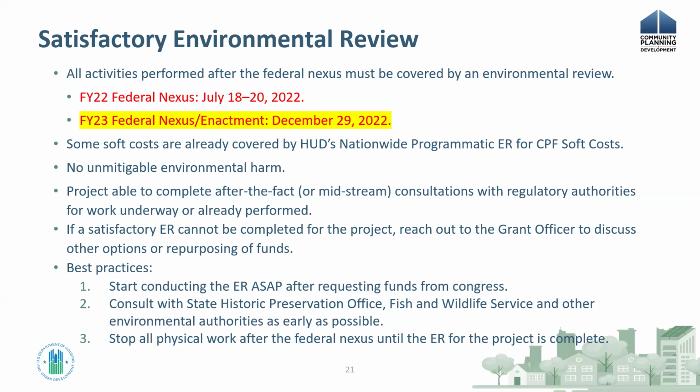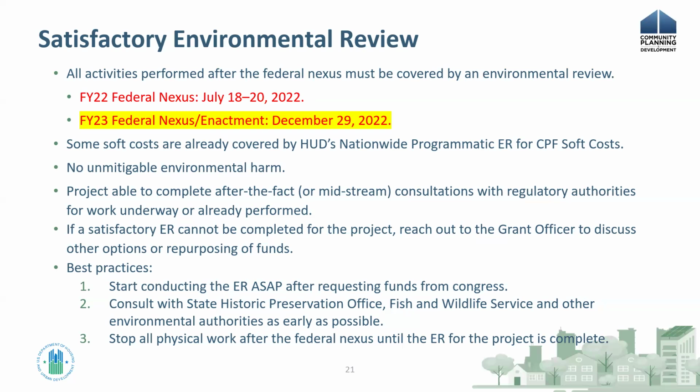The satisfactory environmental review must cover all related project activities performed after the federal nexus, except for soft costs that are covered by HUD's Part 50 nationwide review for CPF soft costs. HUD has already completed that satisfactory environmental review for those soft costs, but a satisfactory review must cover all related project activities performed after the federal nexus date of December 29, 2022.